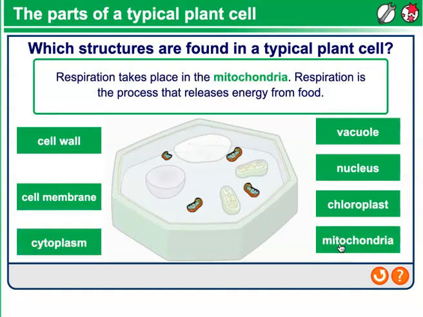And finally, the mitochondria. This is where respiration takes place. Respiration is the process that releases energy from food. So plants are going to produce that glucose in photosynthesis, and then they are going to take that food that they produced and break it down using the mitochondria to release energy.